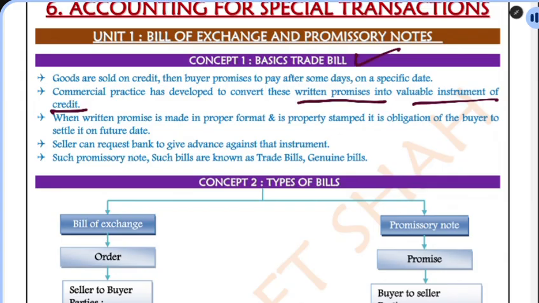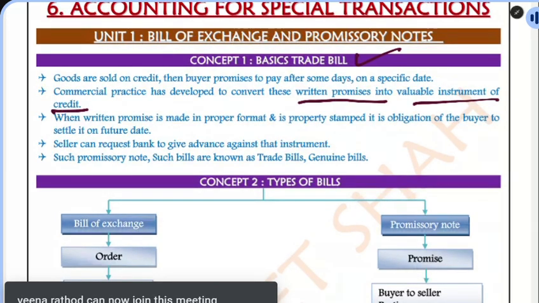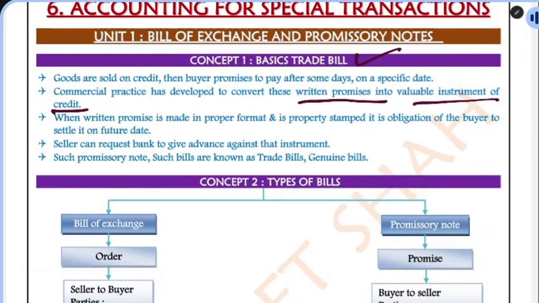So the thought of this came into existence: commercial practice developed to convert these into a valuable instrument of credit. What is meant by valuable instrument of credit? You can borrow money on that.